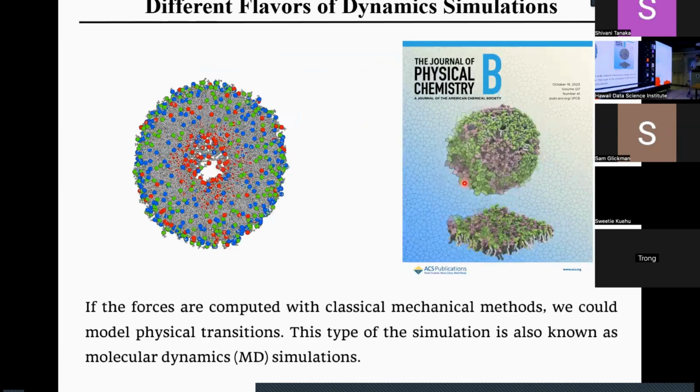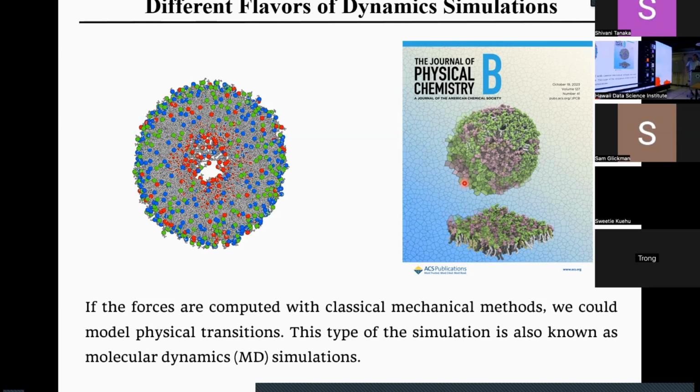Now, there are different flavors of what I just showed you. If your research generates a lot of trajectories, that line of research is called dynamic simulations. We look at dynamically how the system evolves over time. Depending on your target system and the level of accuracy you care about, you can do bigger or smaller systems.